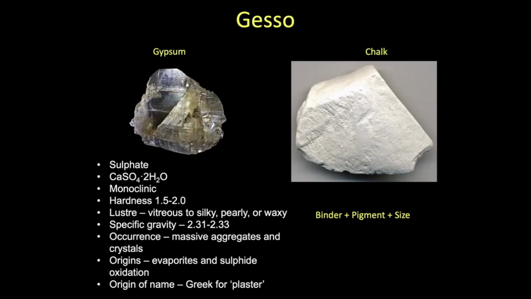And this permanent absorbent primer comprised a mixture of a binder, which was usually rabbit skin glue, and ground chalk and/or gypsum. And this gave a white or off-white colour, which acted as an excellent ground or base to receive any medium of paint that you wanted to apply, tempera, watercolour, oil, whatever it might be.